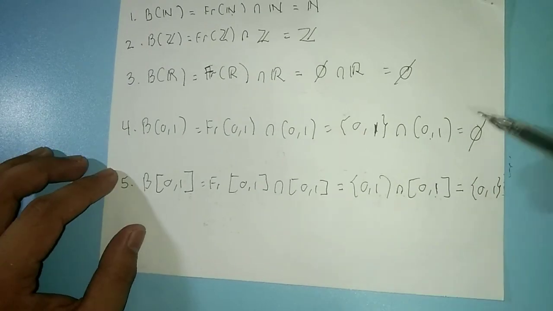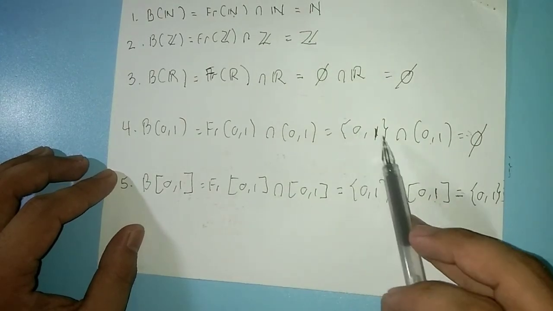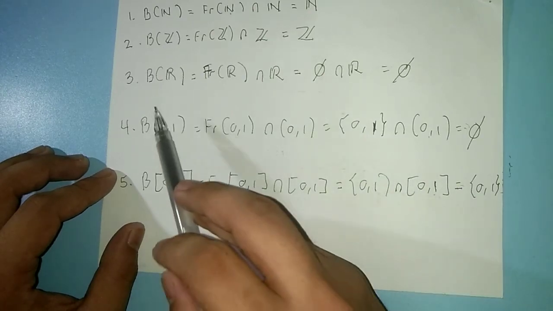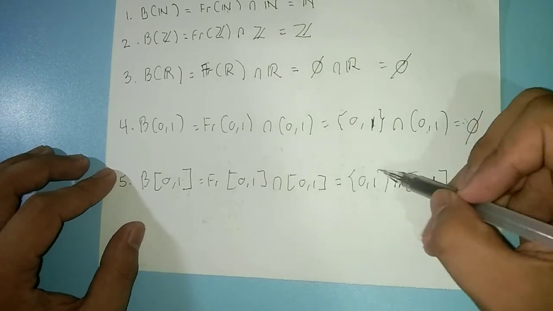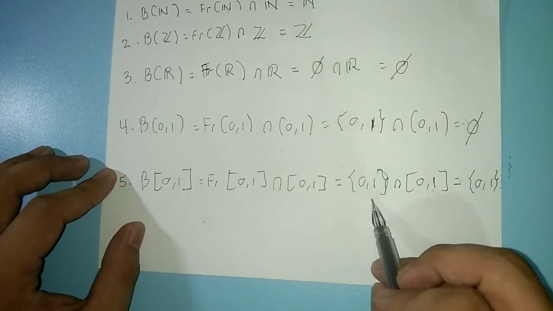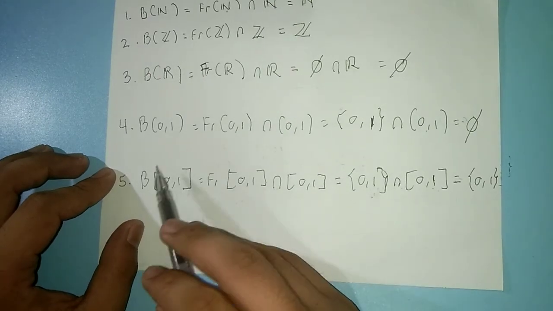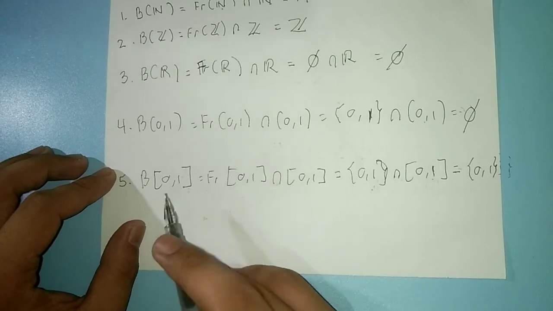O yan yung naging pagkakaiba nila. Okay? So yung set containing 0, 1, frontier siya, pero hindi siya boundary ng set na to. So dito naman, yung set containing 0, 1 ay frontier siya, and at the same time siya yung boundary nito. Okay? So yun yung naging pagkakaiba nila.